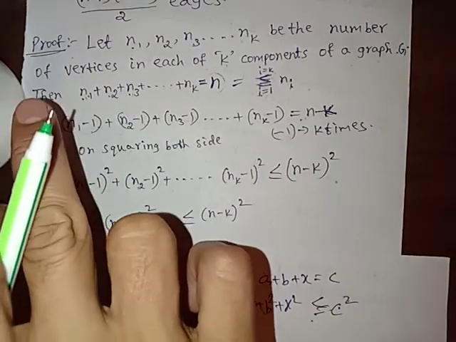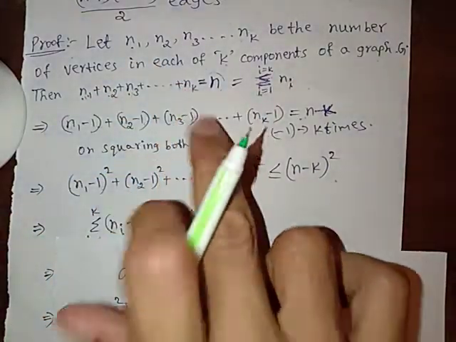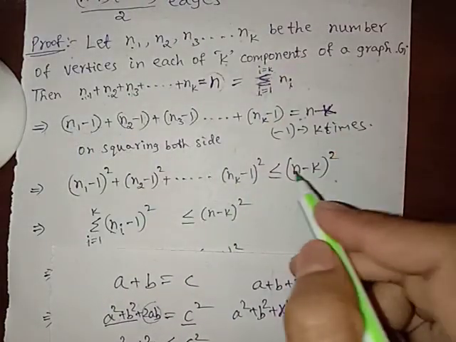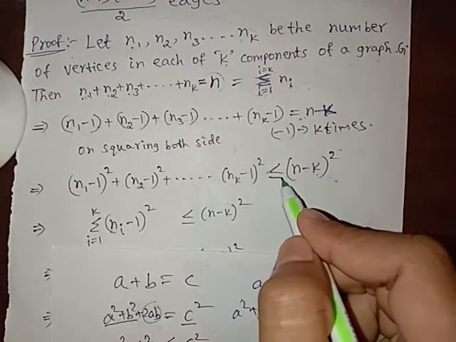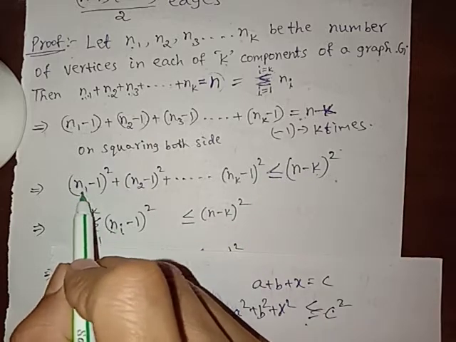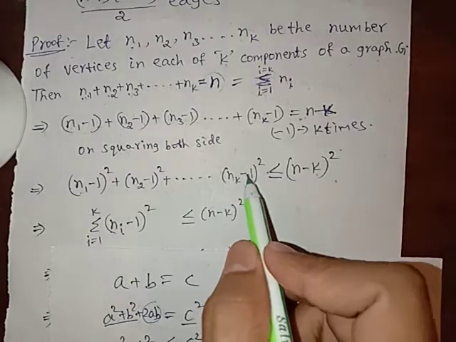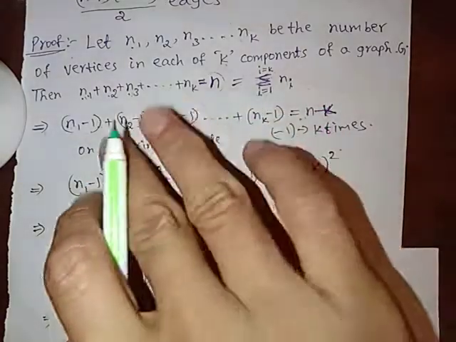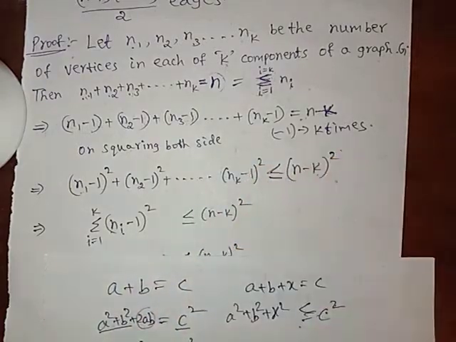Similarly, here we have n1 minus 1, n2 minus 1, n3 minus 1 up to nk minus 1. On squaring both sides, n minus k whole square is greater than or equal to n1 minus 1 whole square, n2 minus 1 whole square up to nk minus 1 whole square. Here I don't put the other terms, so it is less than or equal to this one.